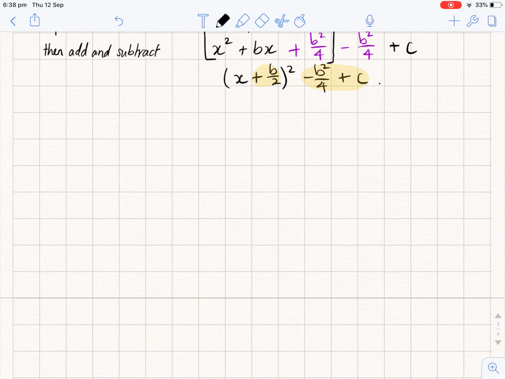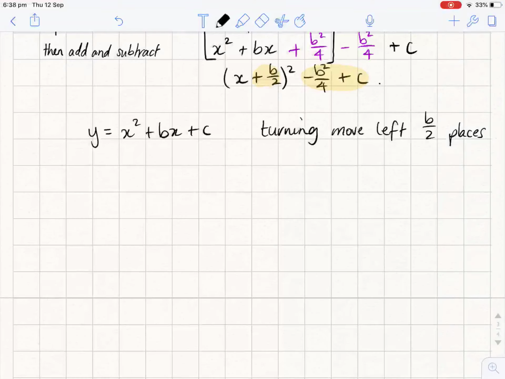So if I've got an expression that's y equals x squared plus bx plus c, then the turning point moves left b over 2 places, and it moves up c minus b squared over 4 places.